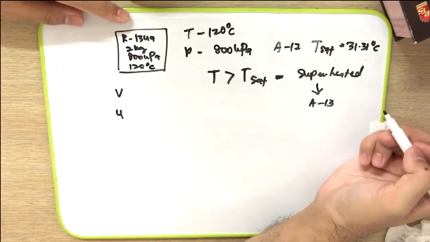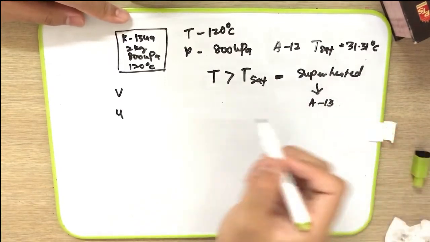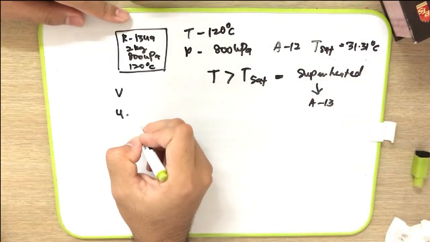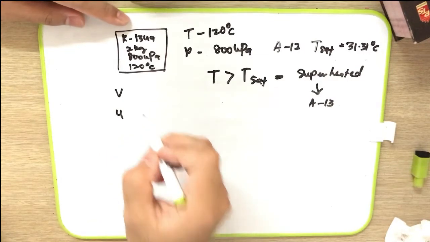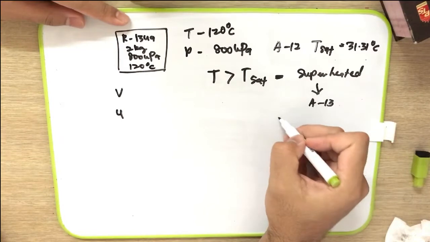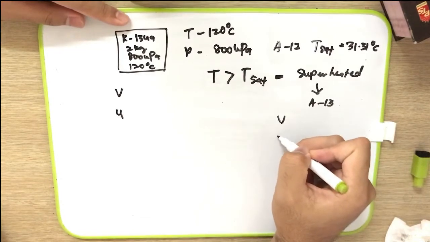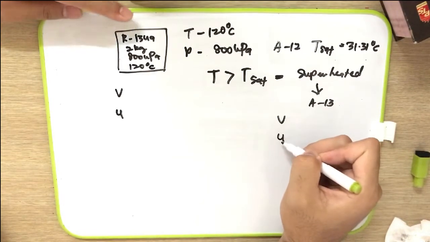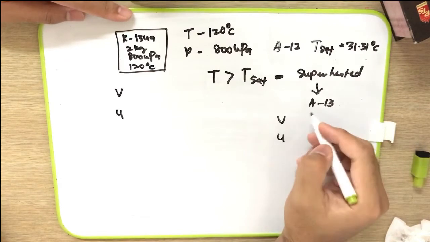So in table A13, we can directly get what is V and also what is U. In table A13, we can get the specific V and also the specific U, the specific volume and also the specific internal energy.